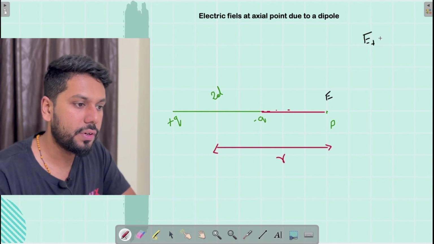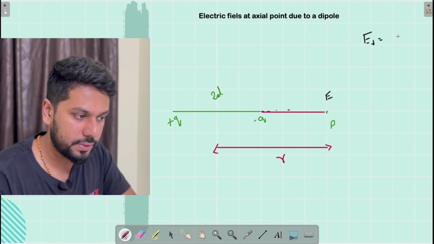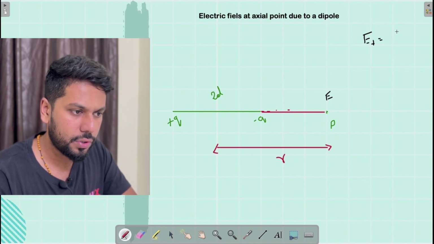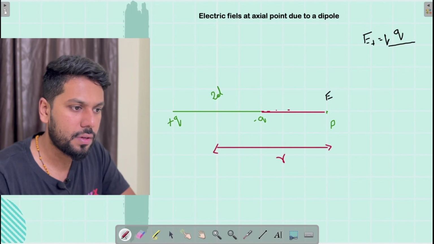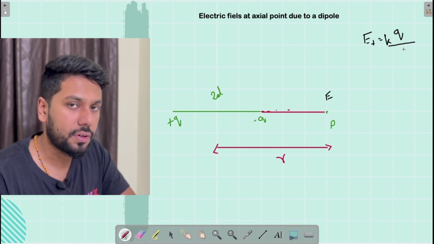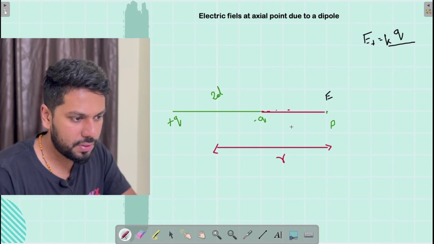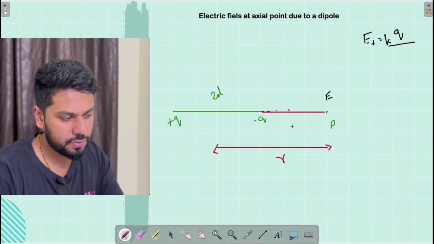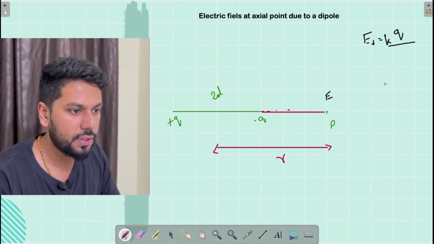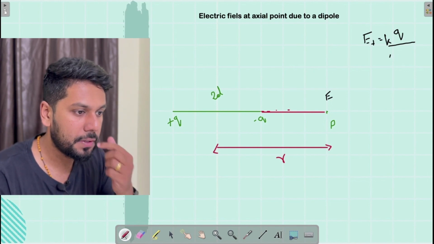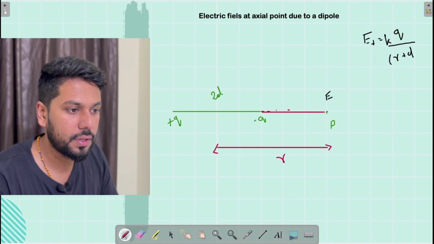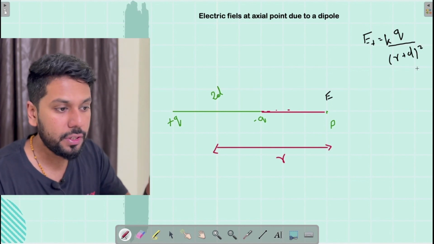Look, the electric field due to the positive charge is K q, where K is a constant, divided by the square of the distance between the point P and the positive charge. You see, it is actually r plus d, so it's (r plus d) whole square.